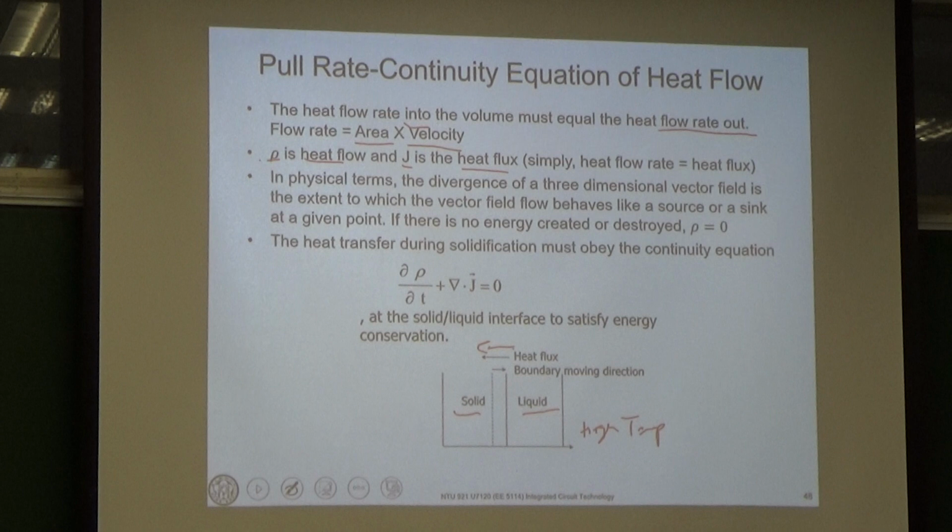If you consider that here we pull this ingot out of the melted polysilicon, there's an interface between solid and liquid, and that has to satisfy energy conservation, which means the heat flow during this solidification obeys this continuity equation.